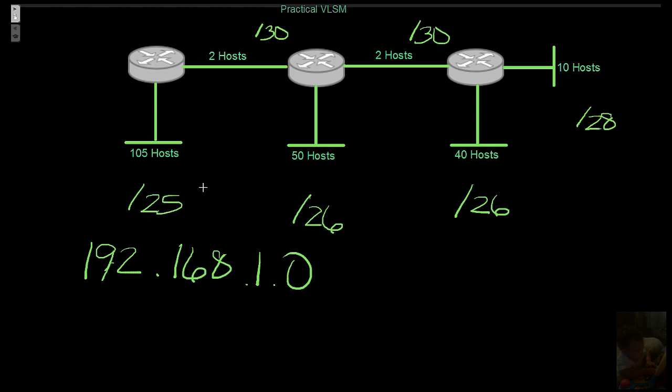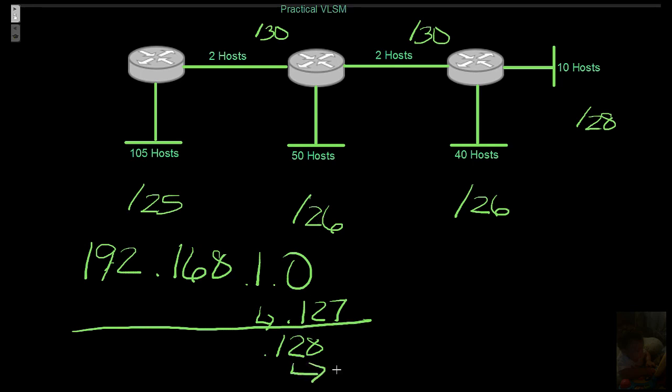We could turn around from there and say, all right, that guy's going to extend all the way to .127, meaning that this guy would start at .128. He is going to extend from a /26, 64 addresses. So from there, it's going to run to .191.